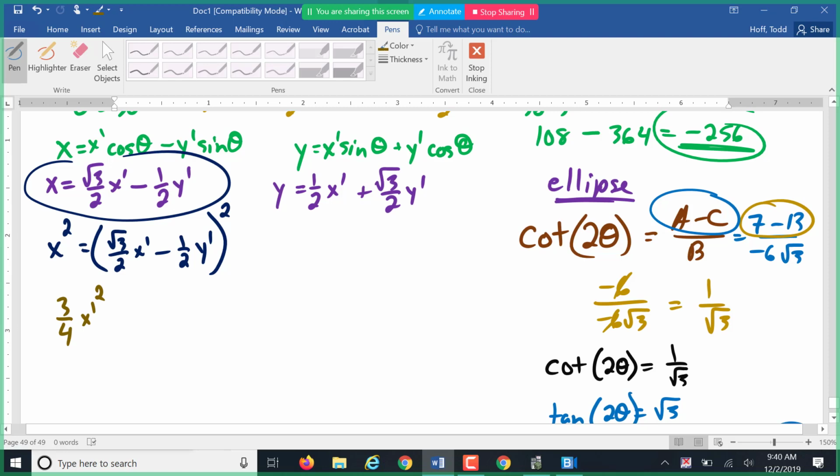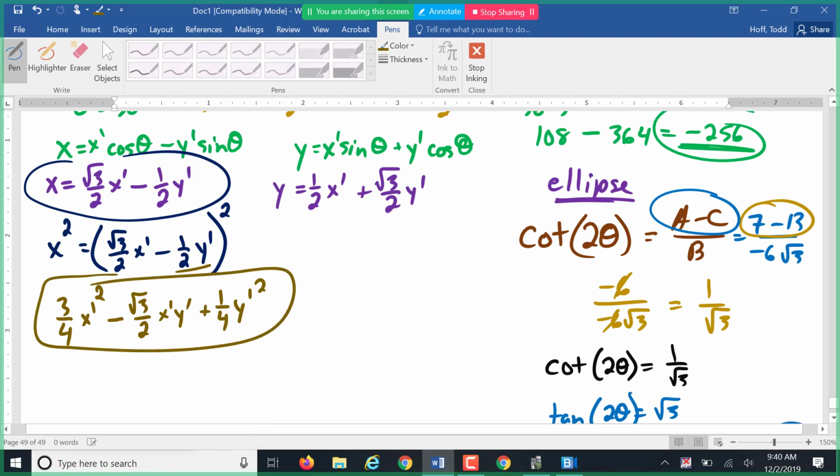Then our middle term, we multiply those together, square root of 3 over 2 times negative 2, so negative square root of 3 over 2 x prime y prime. Then our final term is this one squared, so that's positive 1/4 y prime squared. So that is x squared.